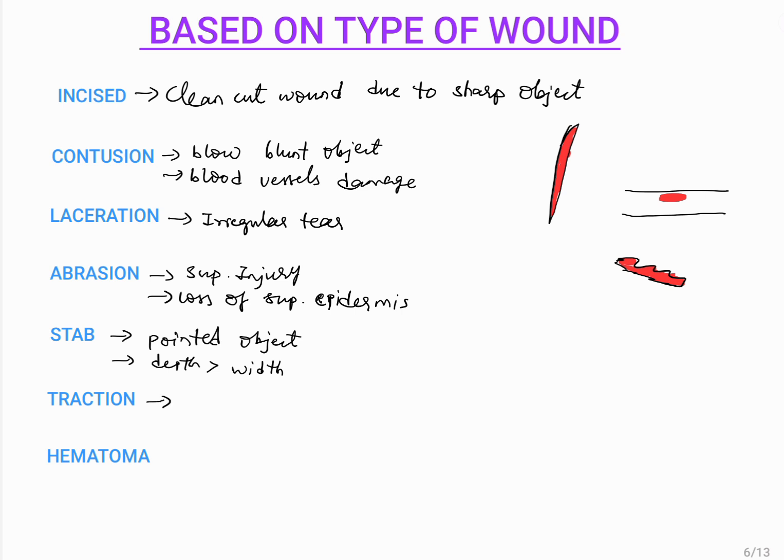Traction injuries are seen when the tissues get displaced from their original anatomical position. Hematoma is the localized collection of blood which is caused due to injury by a blunt object.